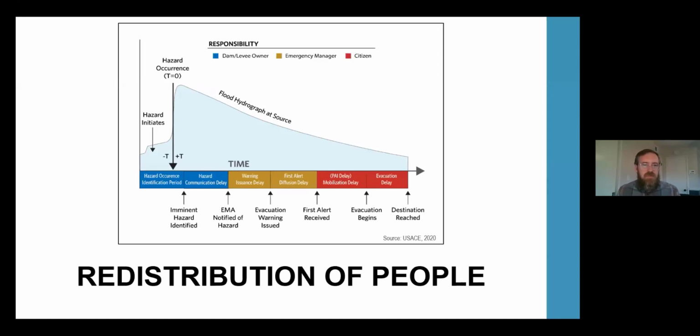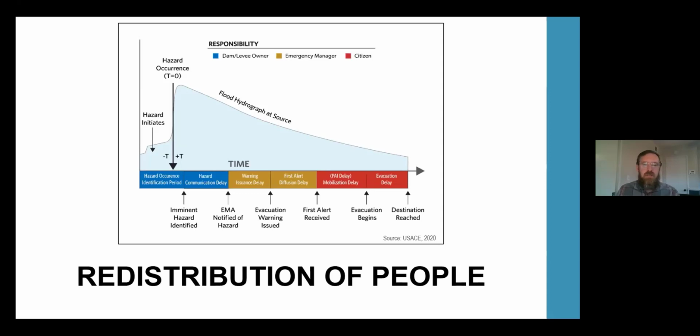After that, people receive the message and they have a delay in deciding what to do with it. So are they going to contact more people or protect their property or leave immediately? And then once people decide to leave their starting place, there's a delay as they proceed through the floodplain during the evacuation until they reach their destination.